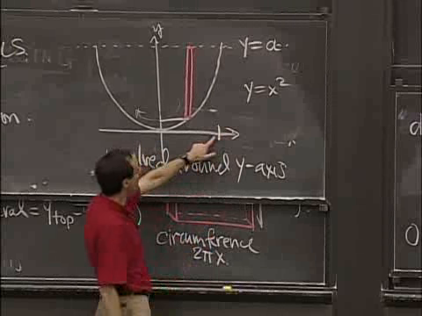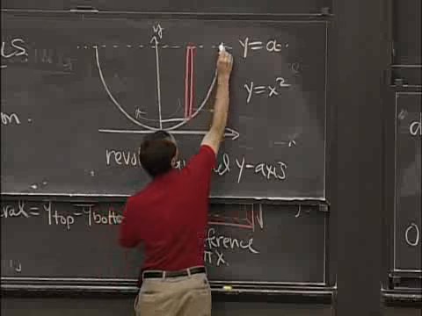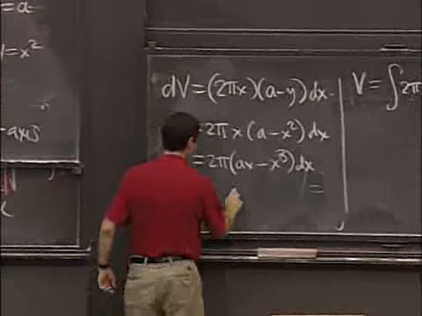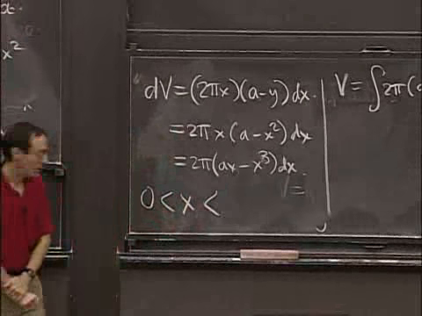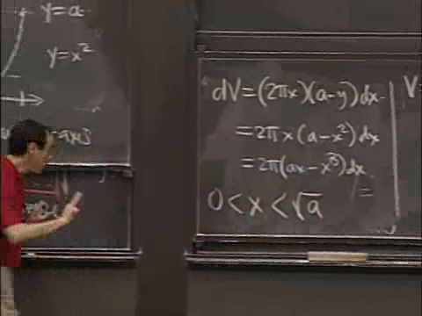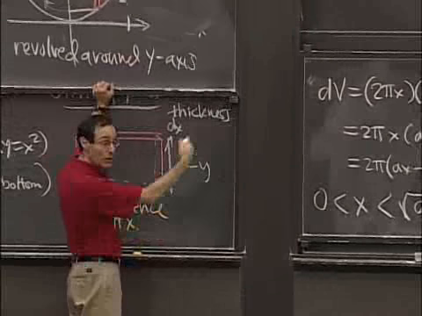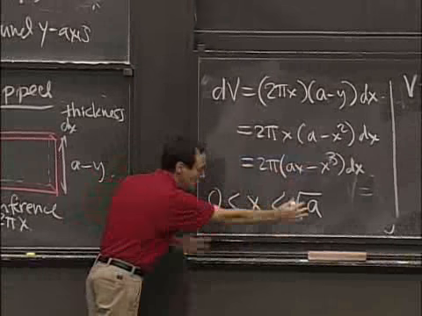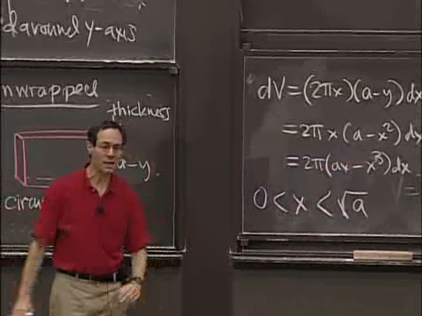Now you've got to watch out about where that is. In the y variable, it's up at y equals a, but in the x variable, we can see that it's what? It's the square root of a. All right, so these limits, this is where you're going to focus all your attention on the integrand and getting it just right, and then you're going to lose your steam and not pay attention to the limits.